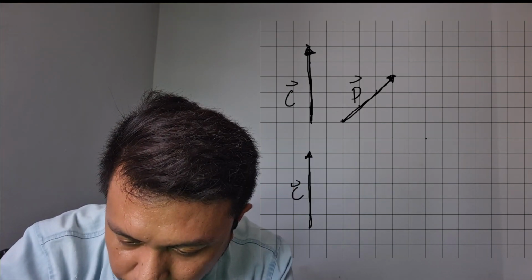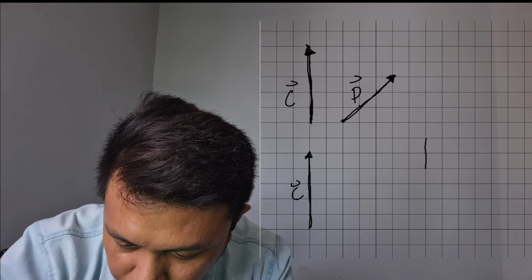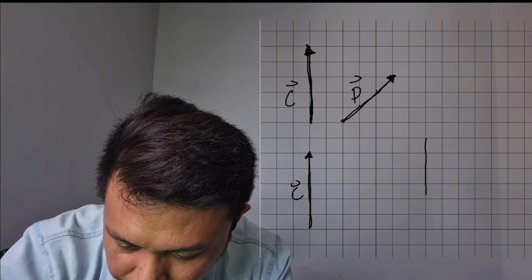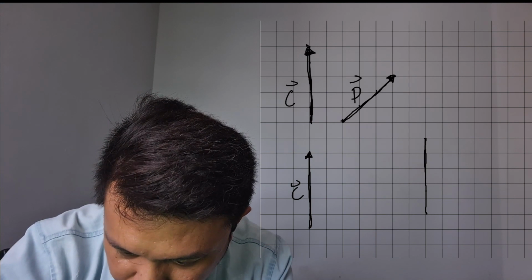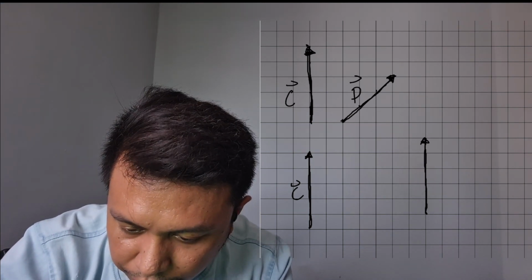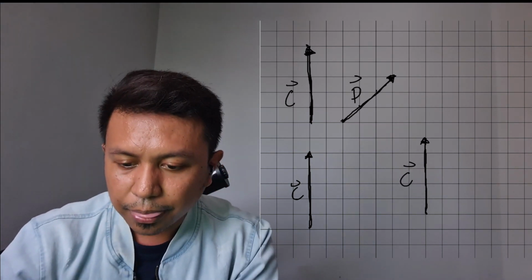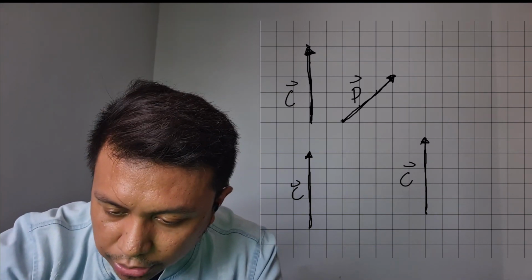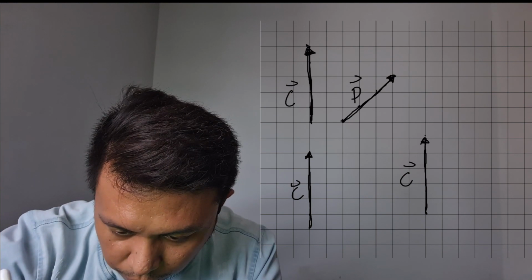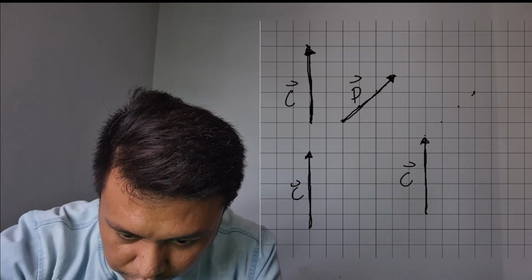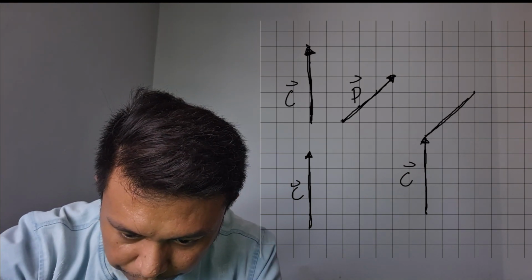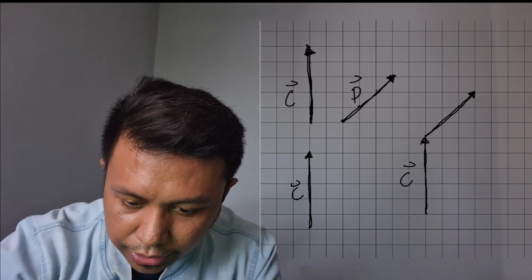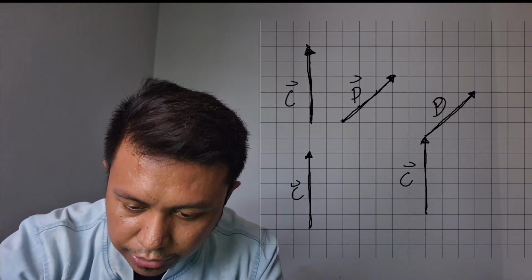So this is vector C. And then we'll be adding vector D. Vector D is 1, 2, 3, 4 blocks.